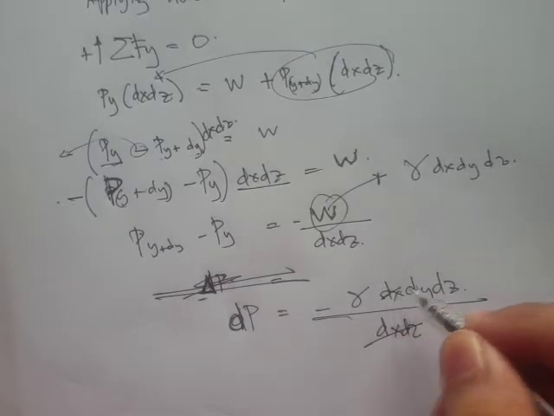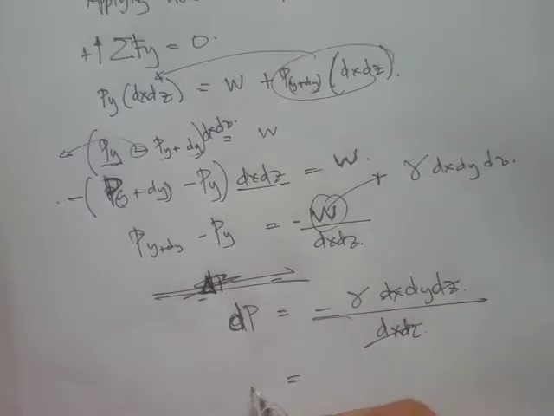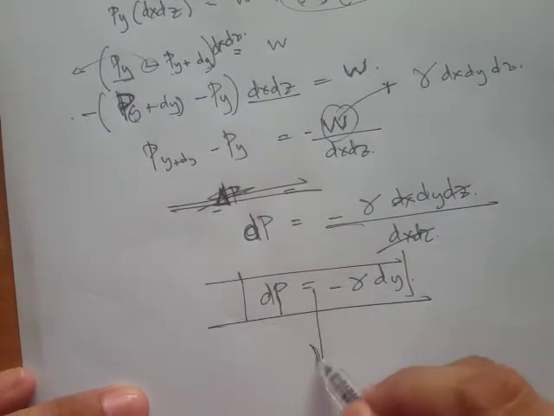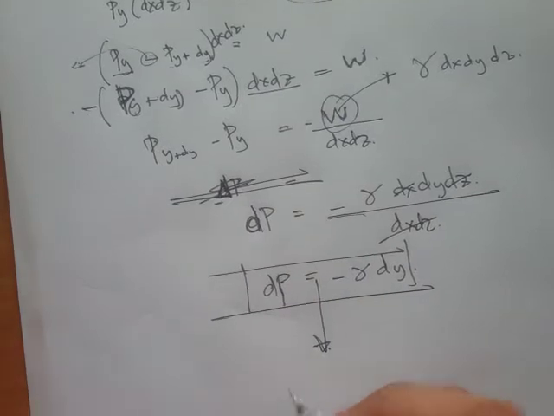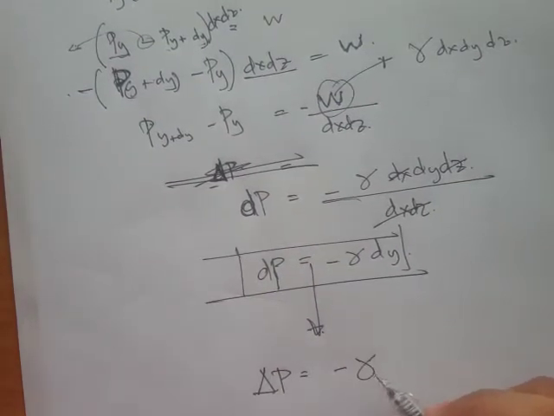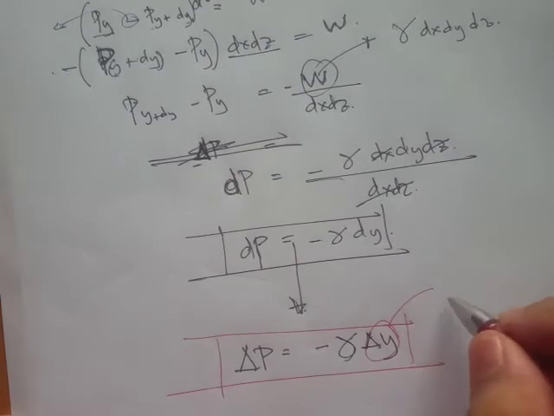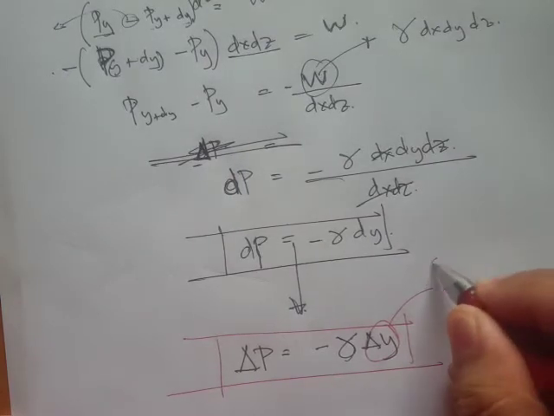Therefore you can cancel out this dx dz, and what's left is negative omega dy. Now this is the form. If we convert this to average values, that's going to be delta p is equal to negative the unit weight times the delta y. Take note that this delta y refers to the difference in height.